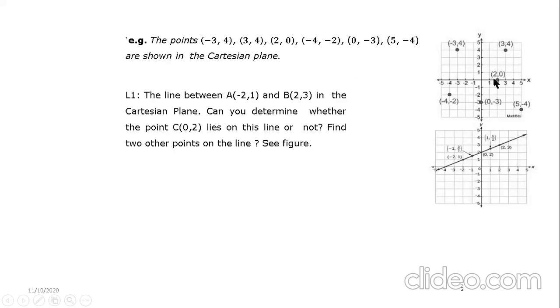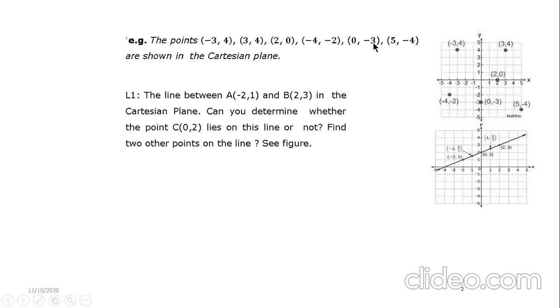2, you move 2 units in the positive x direction, and 0 distance in the y direction. So this is the point 2 and 0. The fourth one, negative 4 and negative 2, which is this point.